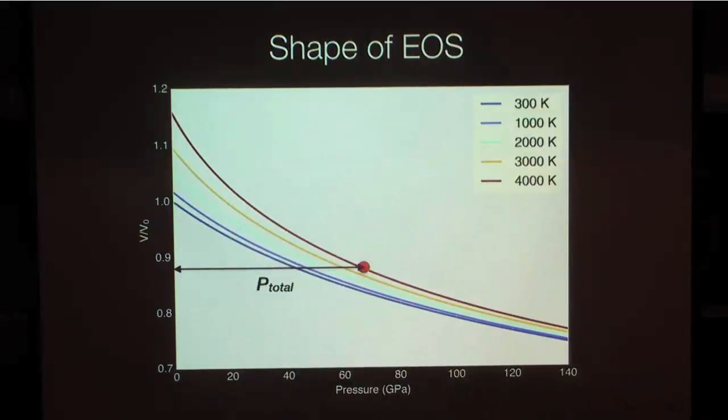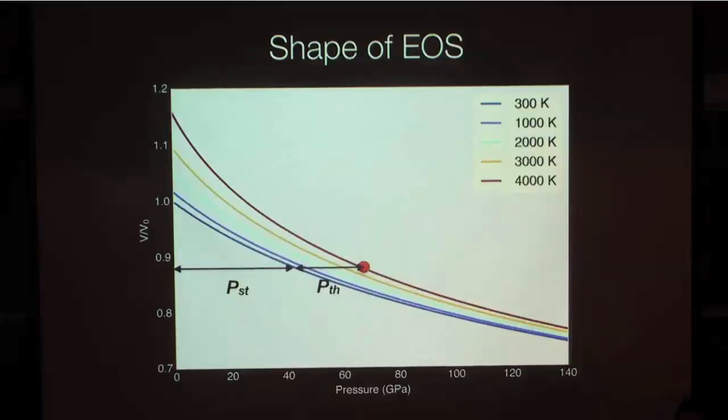The approach that we're going to take when we derive the equation of state is a little weird: we break down this total pressure into two different terms. We can do this because pressure and, more fundamentally, energy are state variables which do not care about the pathway between the initial and final conditions, right? So we can break it down into the sum of so-called static pressure and thermal pressure.